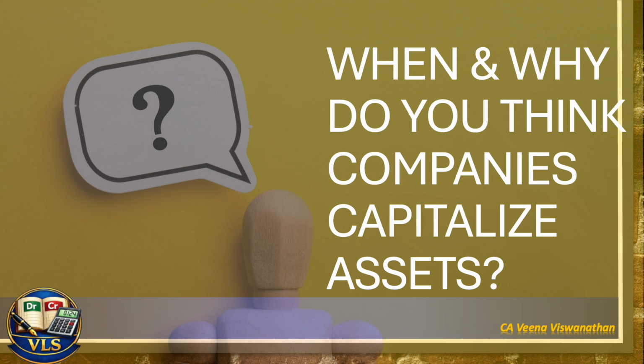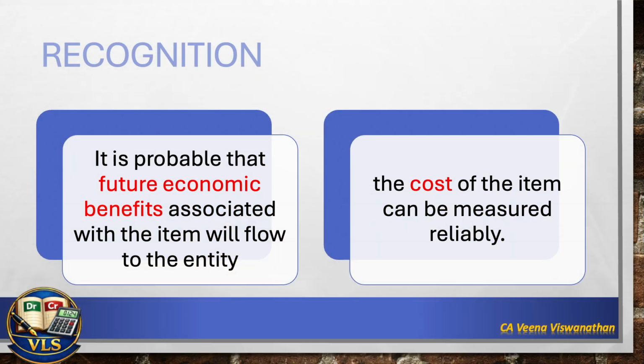Companies don't capitalize everything. They do it only under specific conditions and for very specific reasons. The question here is, when should a company capitalize an asset and why is capitalization so important for accurate financial reporting? Let's break it down in a simple logical way. Companies capitalize an asset when all three conditions are met.